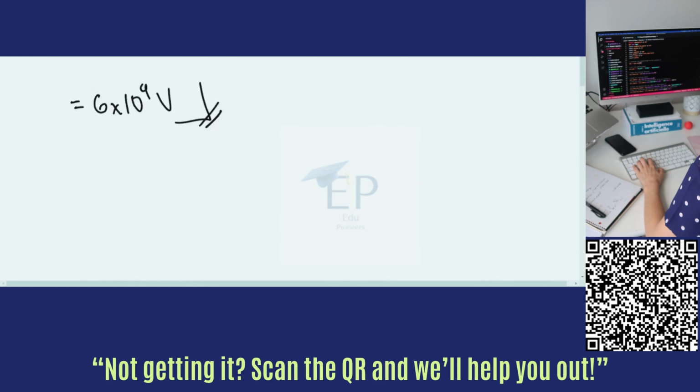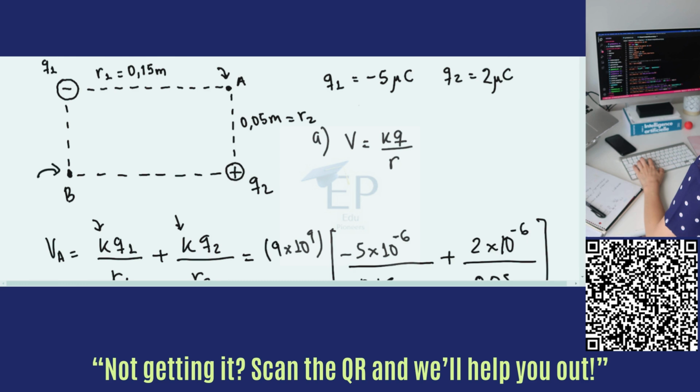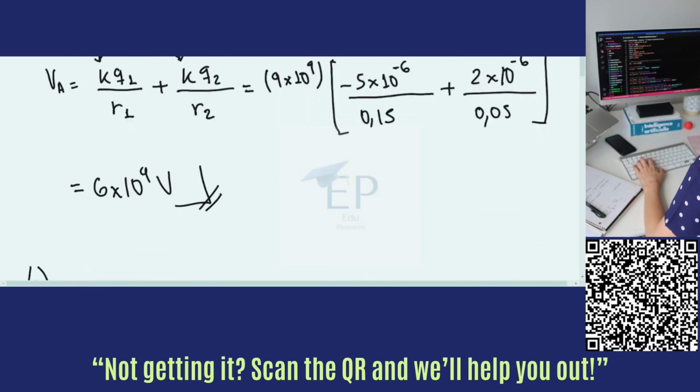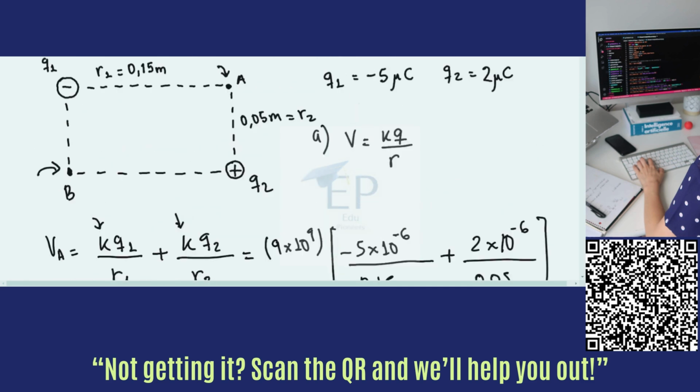For part B of this problem, we are asked something similar, but at point B. At this point, we can see that the charges are the same, but now we are 0.15 meters from the charge Q2 and 0.05 meters from charge Q1.